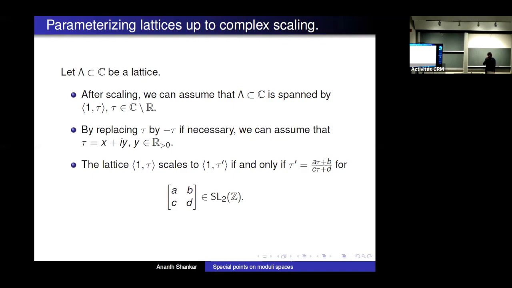This ends up being a question of just solving linear equations. Solving these tells you that the lattice 1, tau scales to 1, tau prime if and only if you can find an integer matrix ABCD with determinant 1 where tau prime equals (a tau plus b) over (c tau plus d).